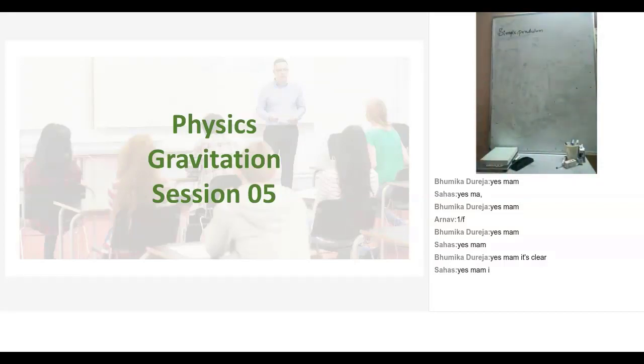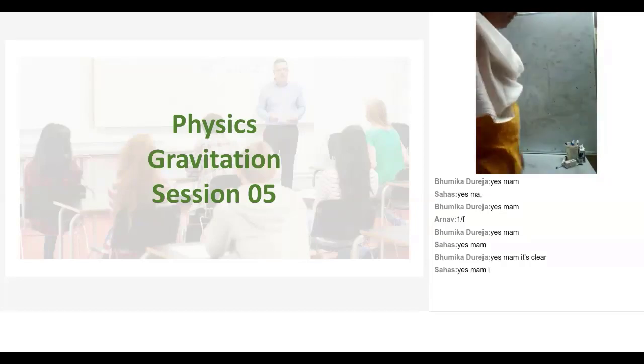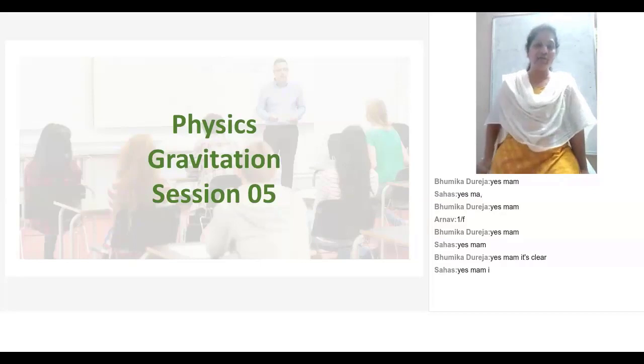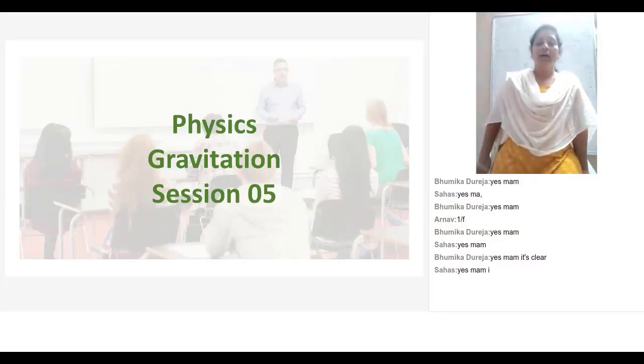So the next concept we are going to learn is a very revolutionary concept in understanding planetary motion. It has been of great interest from the beginning to understand how planetary objects move, how they are regulated, and many things hidden behind the motion of planetary objects.